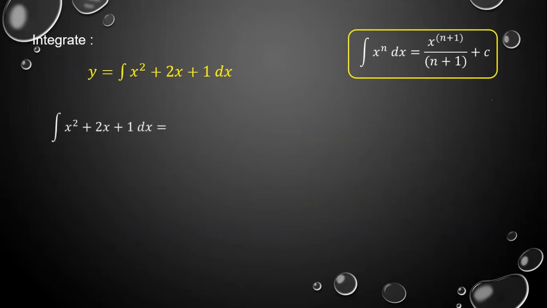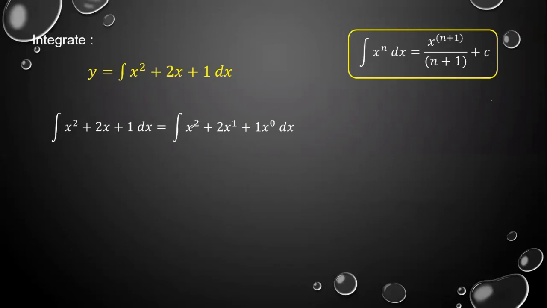The integral of x squared plus 2x plus 1 dx, we can rewrite as x squared plus 2x to the power of 1 plus 1x to the power of 0 dx.